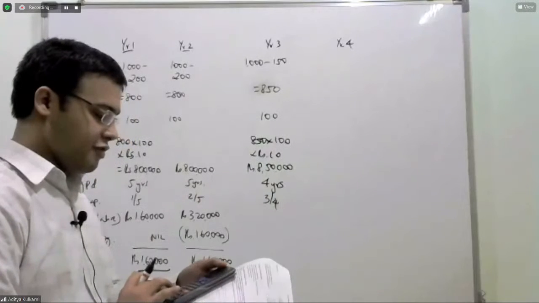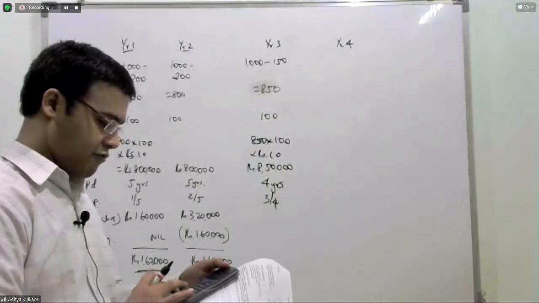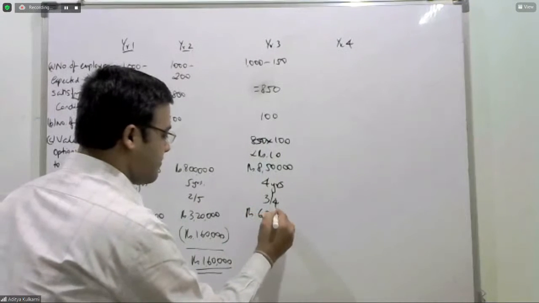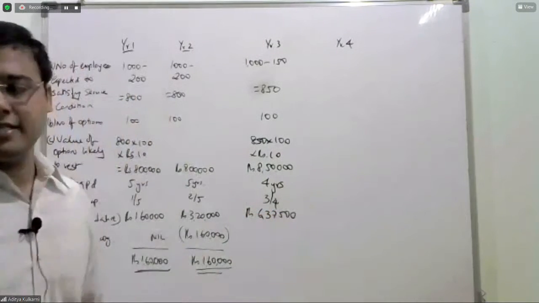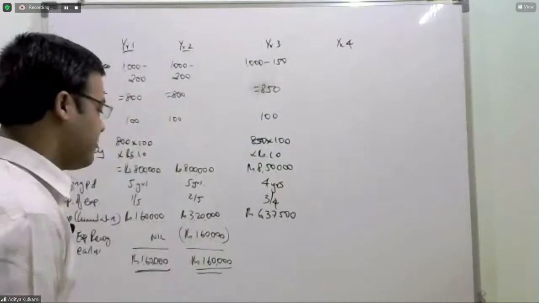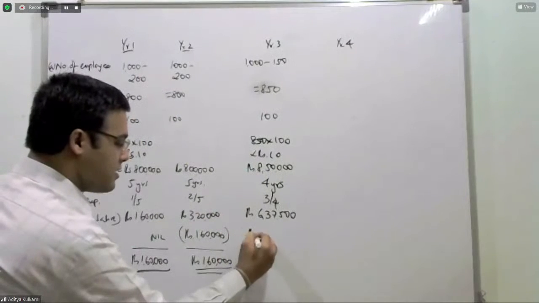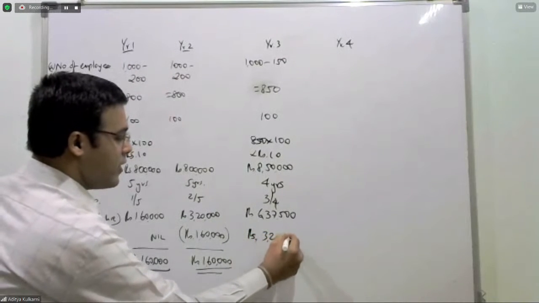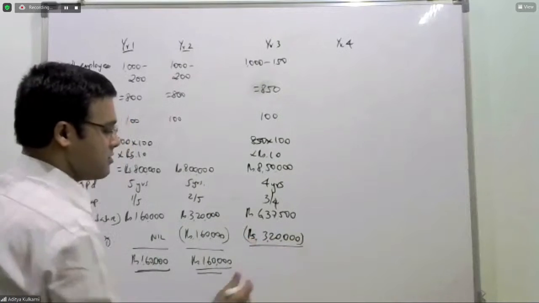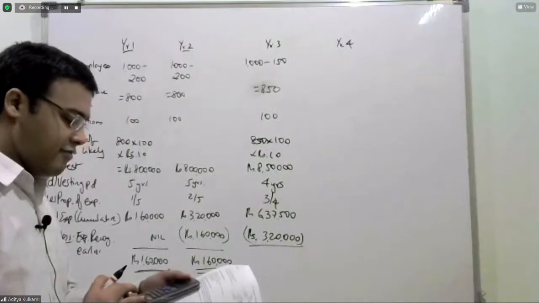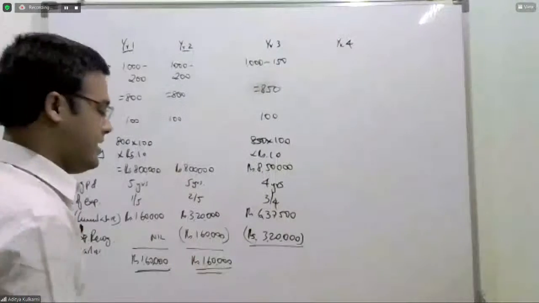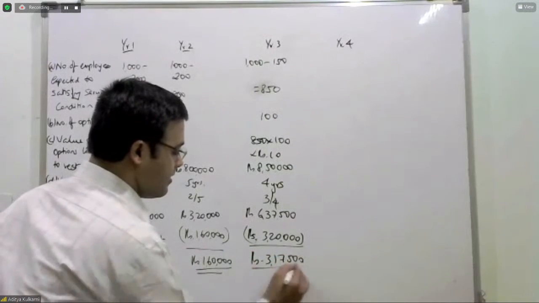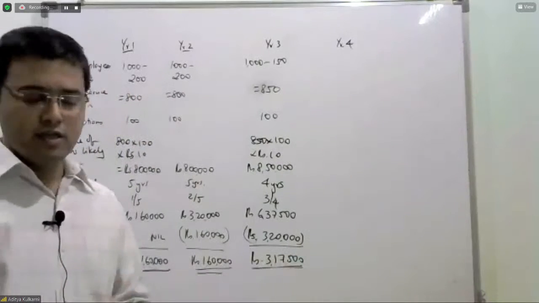So 8,50,000 into 3 by 4 gives you 6,37,500. How much have you recognized earlier, my friends? You have recognized 3,20,000 as an expense. So 6,37,500 minus 3,20,000. Your expense for the third year will be 3,17,500.